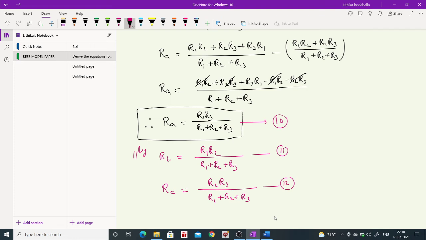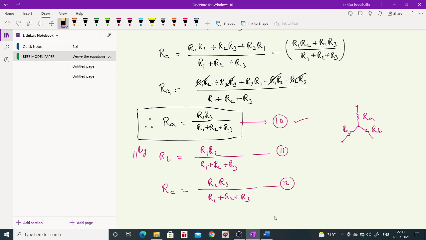So here, from here up to here, this is the star equivalent resistance of the delta, means this is RA, this is RB, this is RC. These RA, RB, RC are not known to you, but the delta values are given.